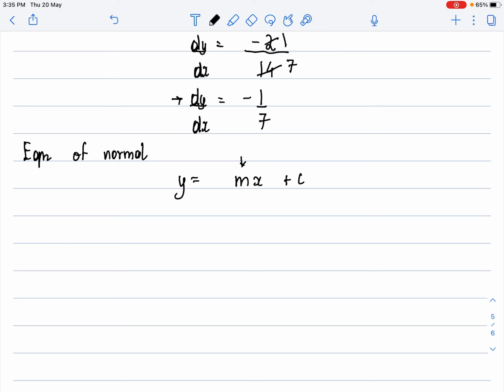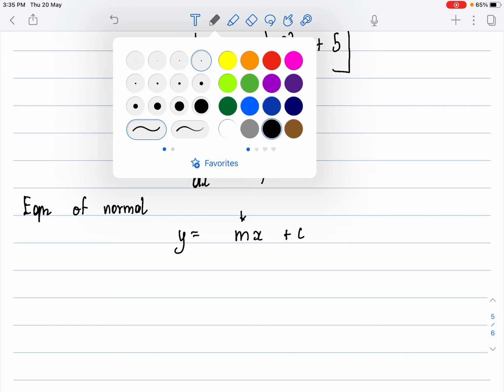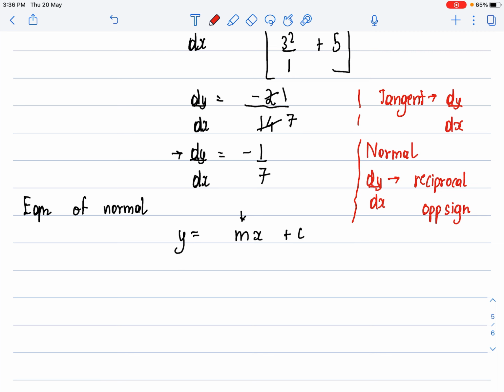See, you need to understand a concept. This is really important, so I'll make a line here. Whenever they use tangent, I can use the same dy by dx. But whenever they use normal, the dy by dx or the gradient needs to be the reciprocal and negated, or the opposite sign should be implemented.